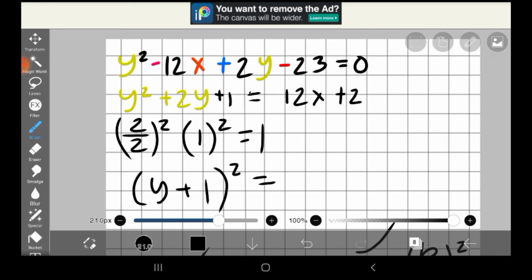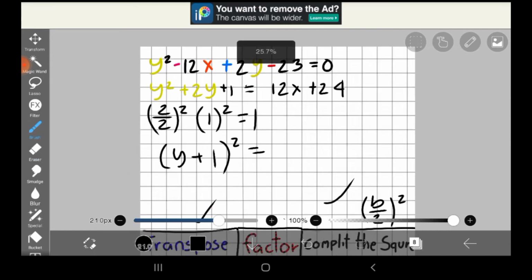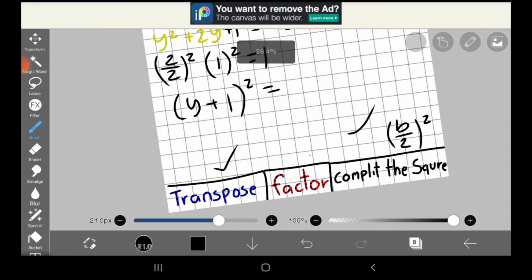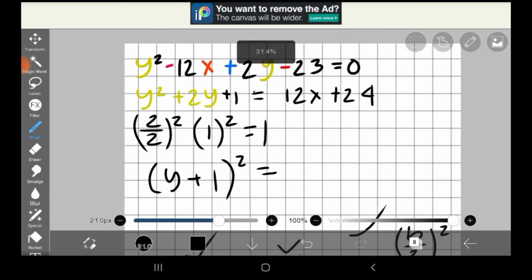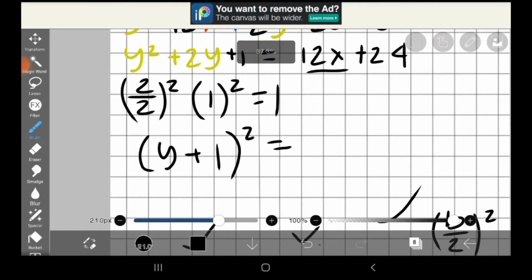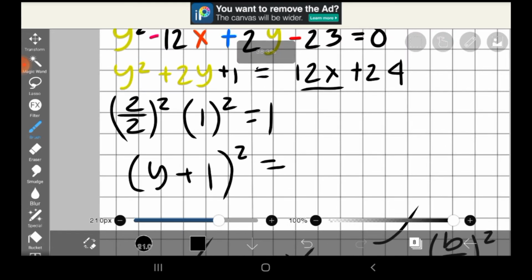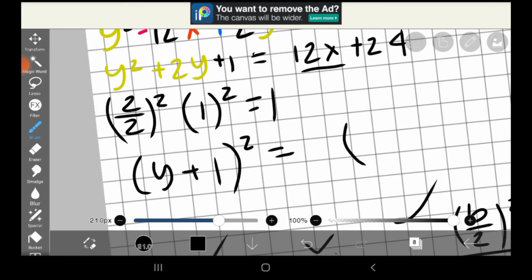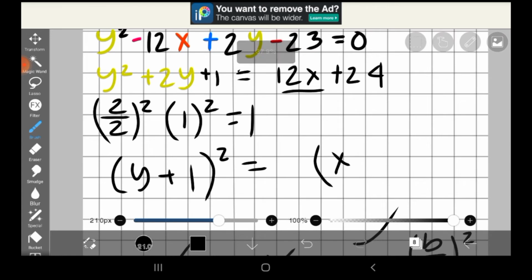Now we can use factor, because the leading term in the equal sign is higher than 1. So 12 divided by 12 is 1, so it will be x. 12 divided by 24 is 2. Then we take 12.